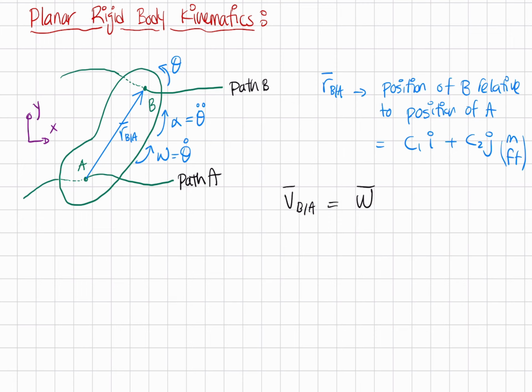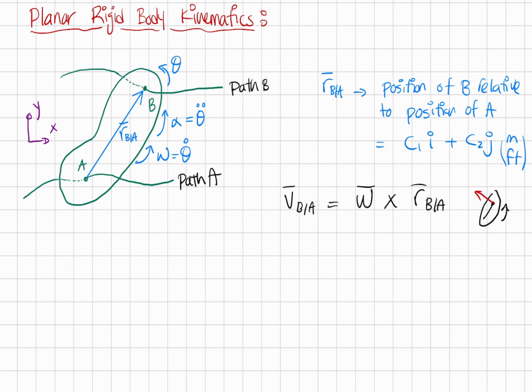This omega has to be multiplied with the positional vector to give me my translational velocity vector. So we have a cross product, and we have our R_BA. What this is really doing is taking your body that's rotating and computing this velocity vector that is at 90 degrees with the rotation.